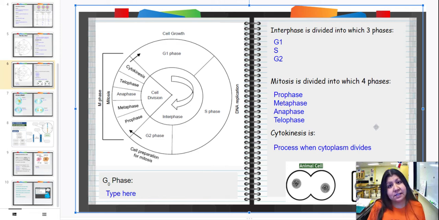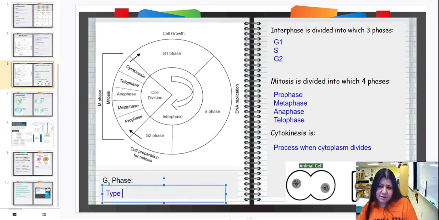That's one of the reasons why when somebody has an accident and suffers from some brain injury, or when somebody has a concussion, it's a very long healing process. And so cells like that are in what we call the G0 phase or the go phase.